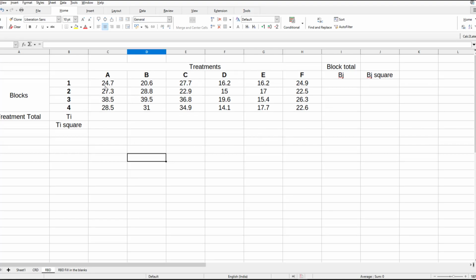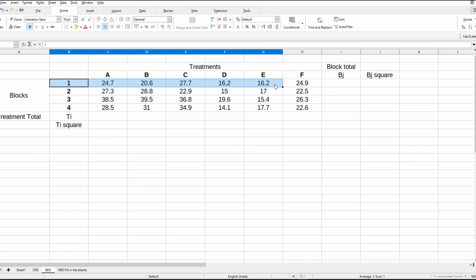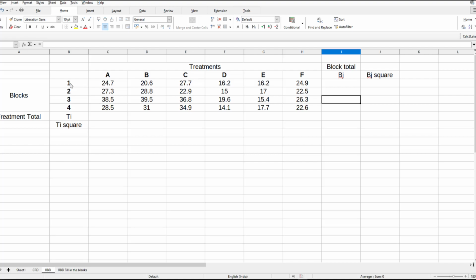In this case, we have simple values under each treatment in each column. If you add values in these rows, those will be the totals of the first, second, third and fourth block. That's why these are called block totals. If you add a column, this will give you the total under treatment A, treatment B, up to treatment F. That's why these are called treatment totals.